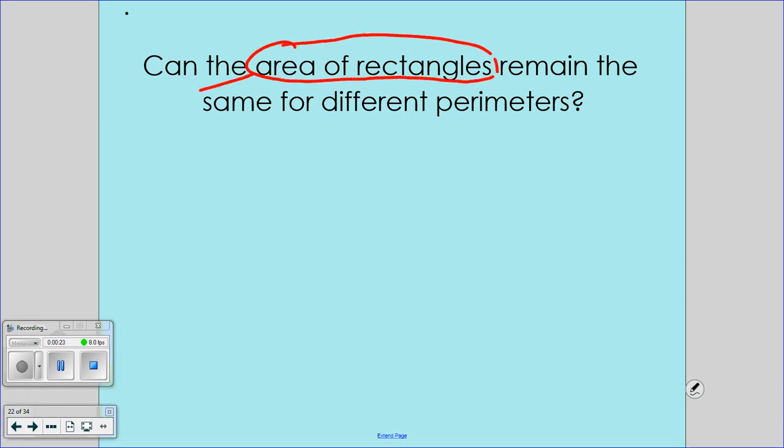If we're talking about the area of rectangles, what am I talking about? That shouldn't be a trick question. We've been dealing with area for a little bit now. Now, what am I talking about when I'm talking about the area of rectangles? How much is in the rectangle? How much space is in the rectangle?